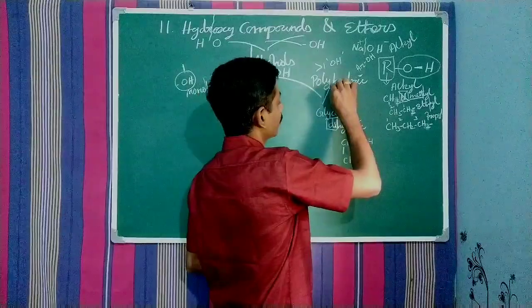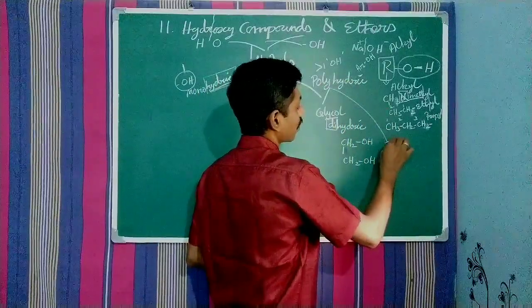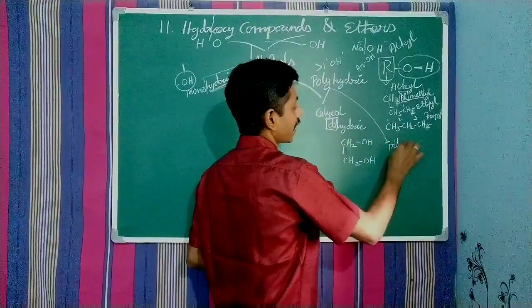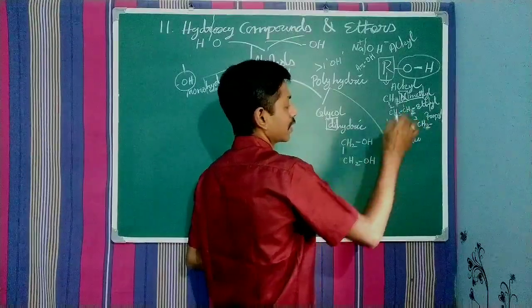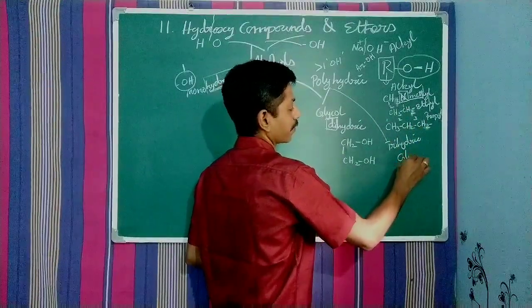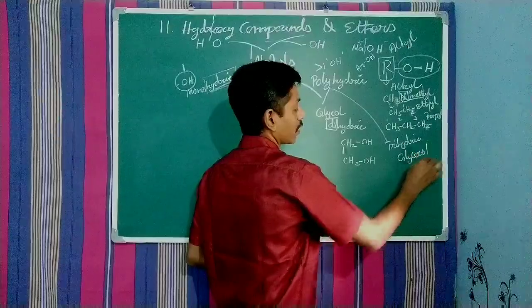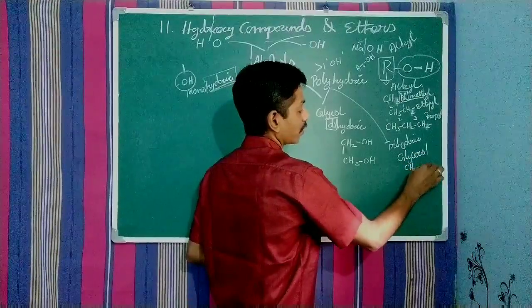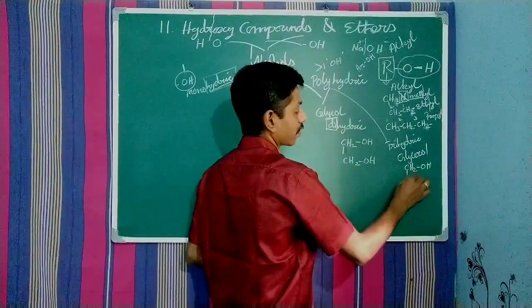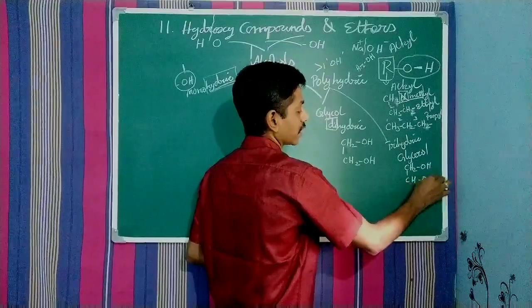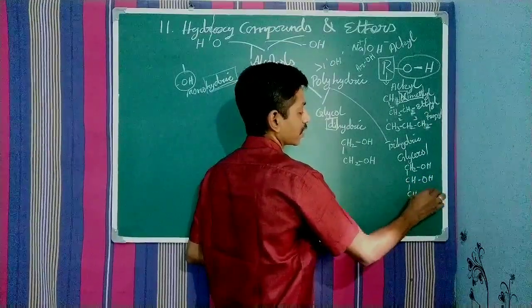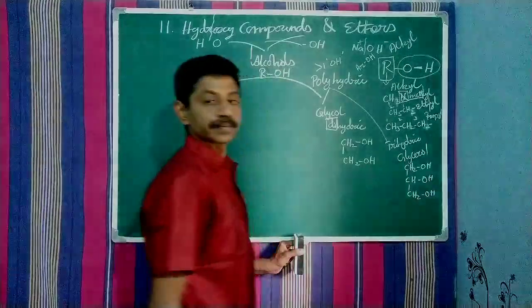And if you talk about glycerol, glycerol is trihydric. The molecule has 3 hydroxyl groups, CH2OH, CHOH and CH2OH.